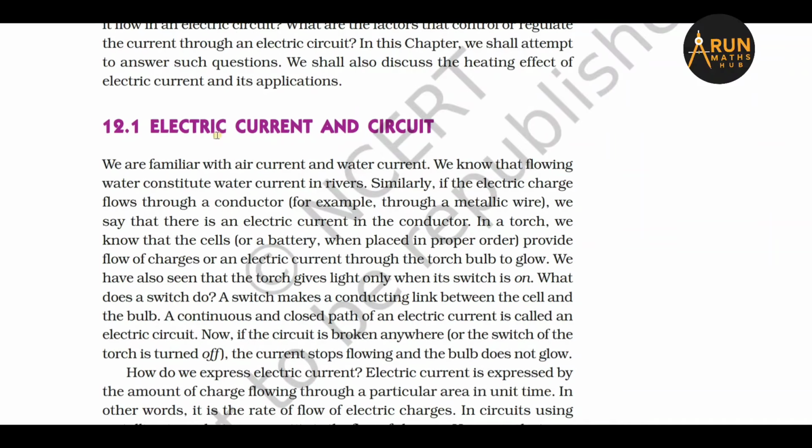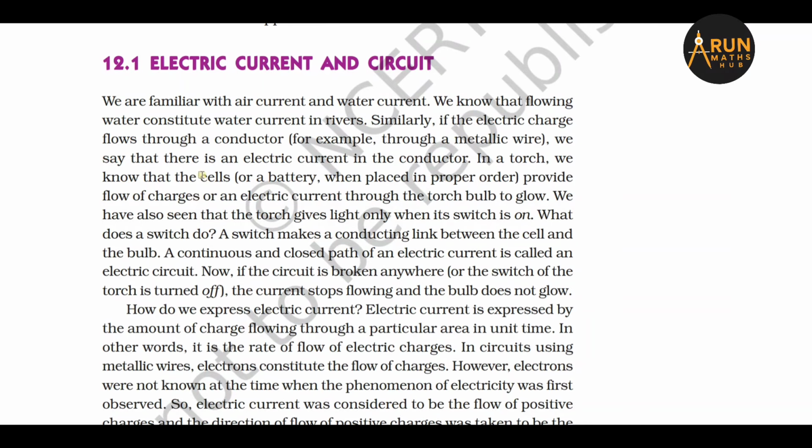In the first page of the unit electricity, you can get 1 mark for the definition of a switch. A switch makes a conducting link between the cell and the bulb. What is a switch? It is a conducting link between the cell and the electric bulb. 1 mark. You can make a note of the word switch.